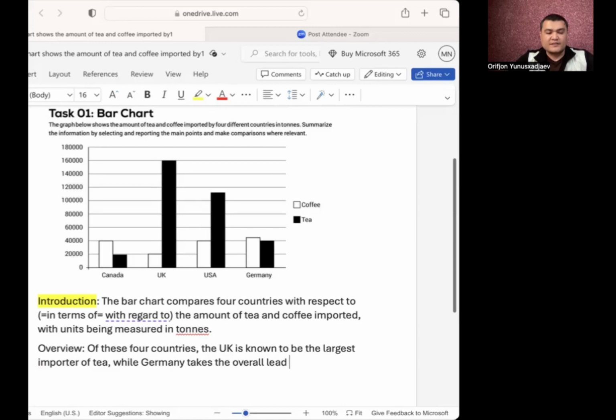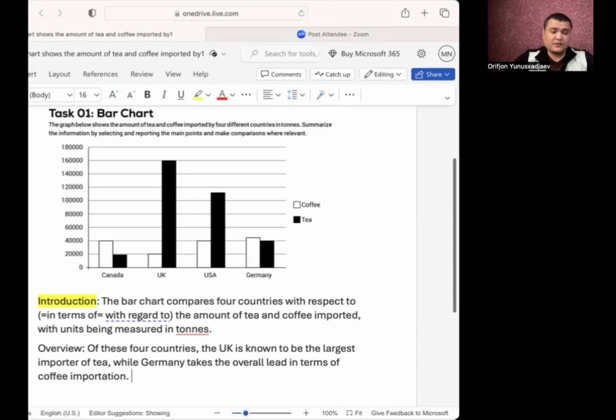Of these four countries, the UK is known to be the largest importer of tea, while Germany takes the overall lead in terms of, right? So we can write in terms of here. In terms of what? In terms of coffee importation, right? So the word importation refers to something being imported.